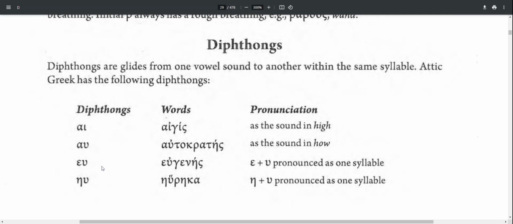I pronounce ai, au, eu. Eugenes. Heureka, an example of the word heureka. Sorry, heureka. So aegis, autocrates, eugenes, heureka.